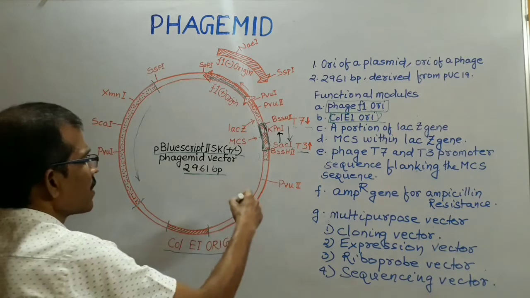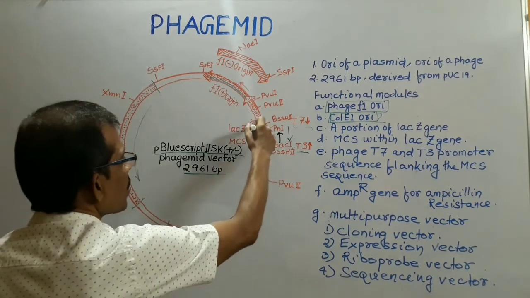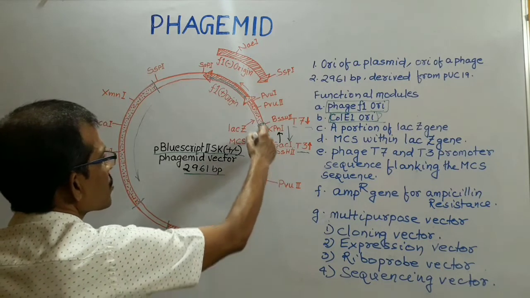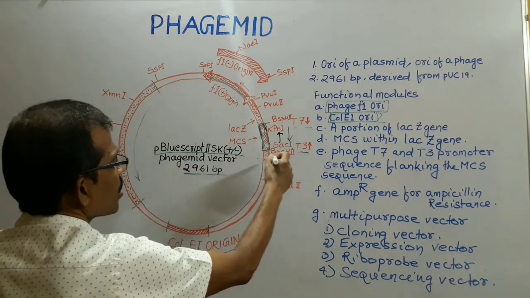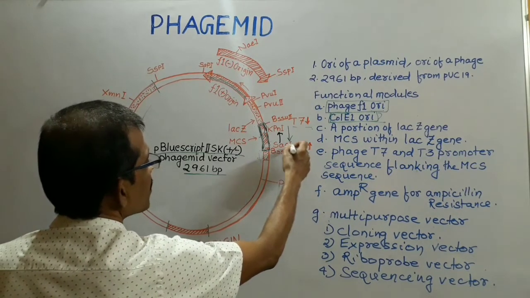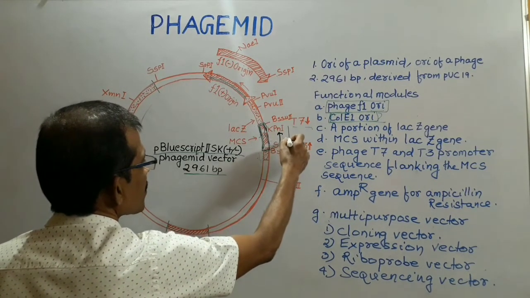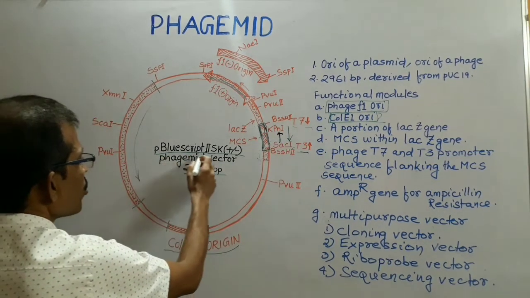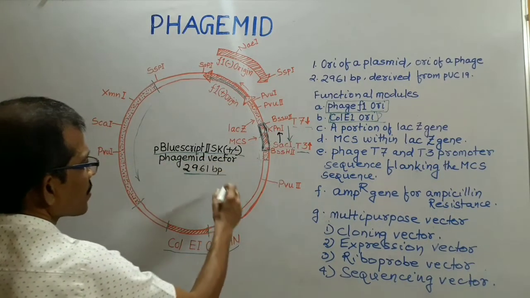In this Phagemid, the orientation of the MCS sequence is such that transcription of the lacZ gene always proceeds from SacI restriction site to KpnI restriction site. Such a Phagemid is called pBluescript SK plus and minus.